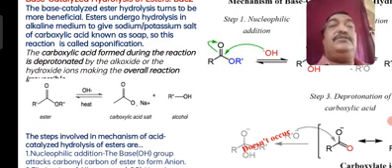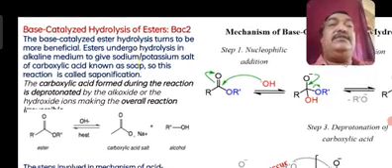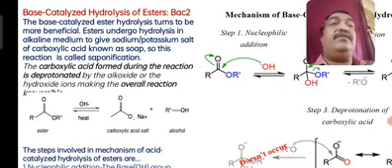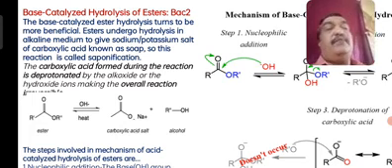Again this reaction is bimolecular because the acyl oxygen cleavage is the same as that of the acid. You can see the base catalyzed hydrolysis of ester is BAC2: B is capital for base, AC is acyl oxygen, 2 stands for bimolecular.